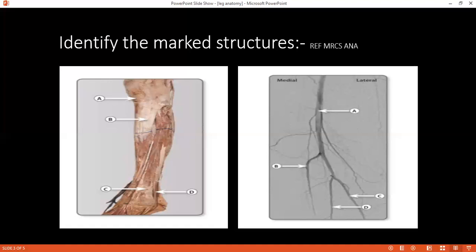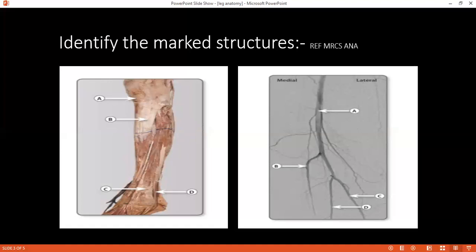What are the nerves of each compartment? The anterior one gets its nerve supply from the deep peroneal nerve, the lateral one from the superficial peroneal nerve, and the posterior one from the tibial nerve. What muscles does the peroneal nerve supply, and what's the sensory supply of the peroneal nerve?